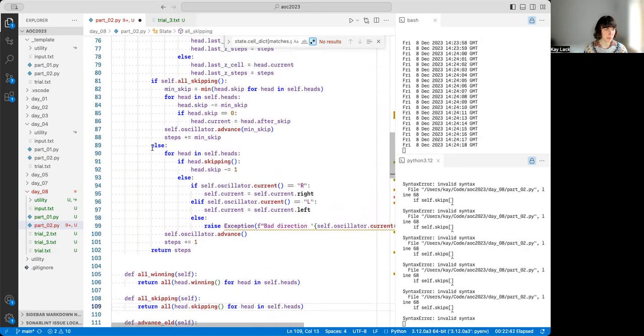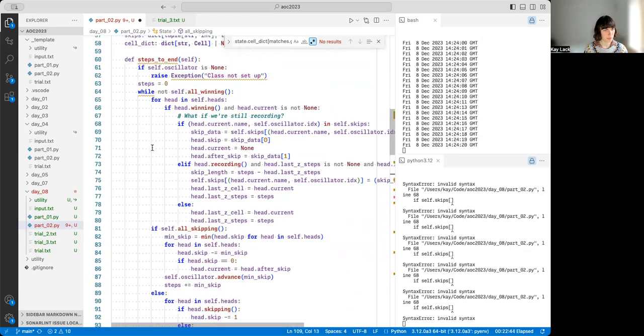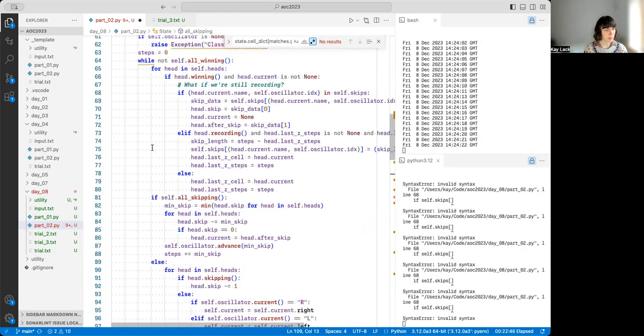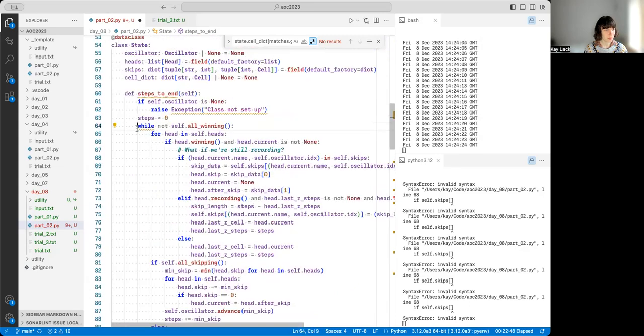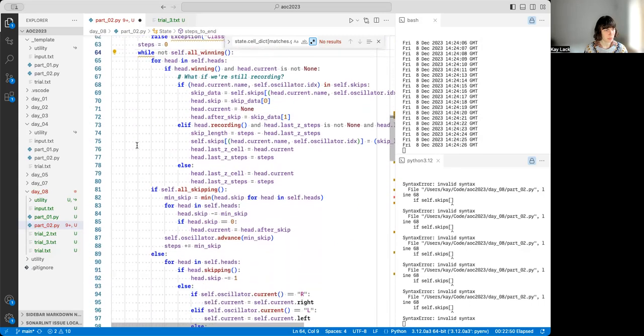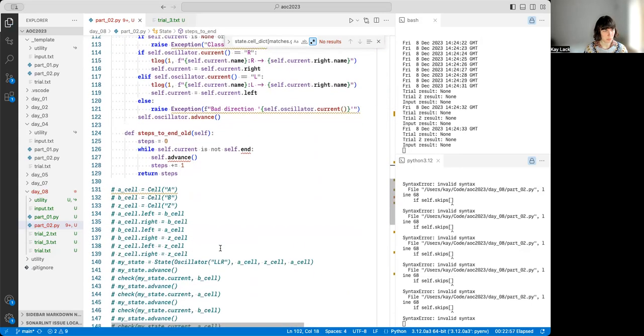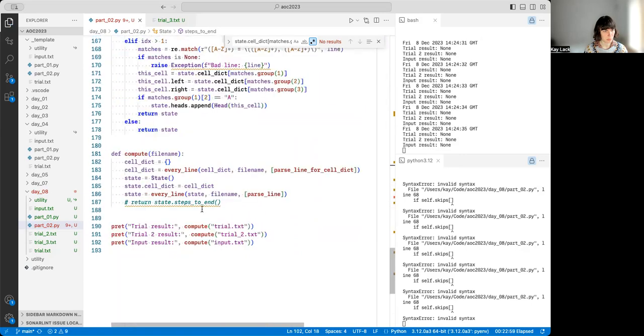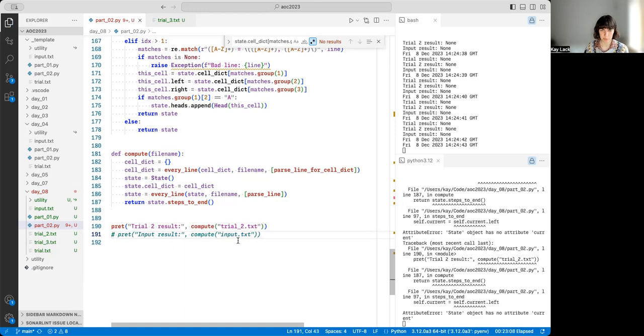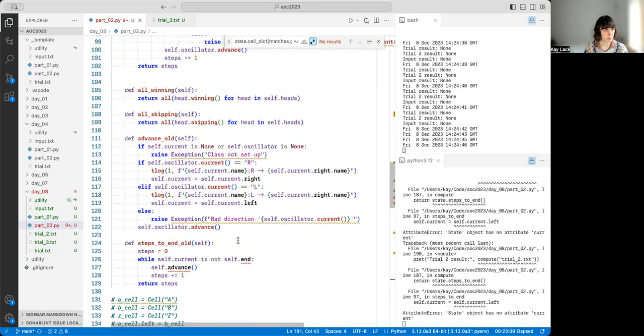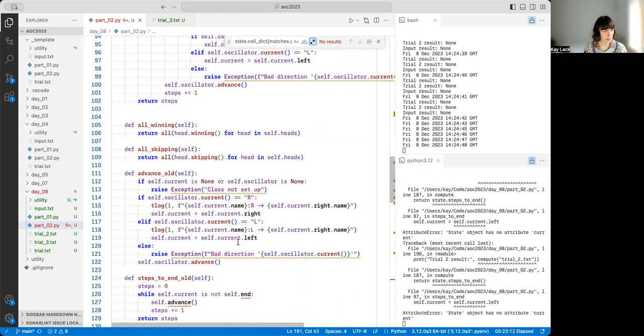If this works, I will be absolutely, well, it's not going to work, basically. 97.